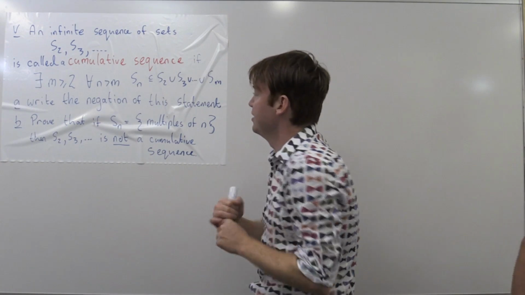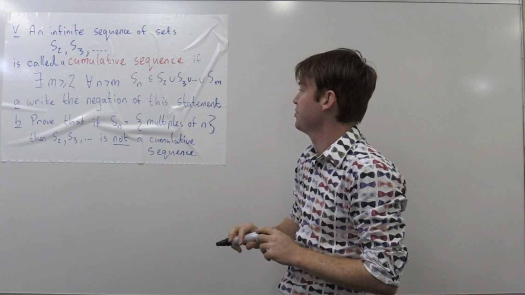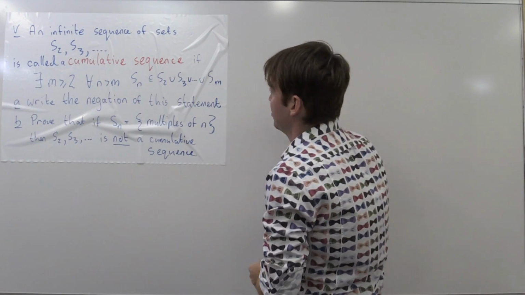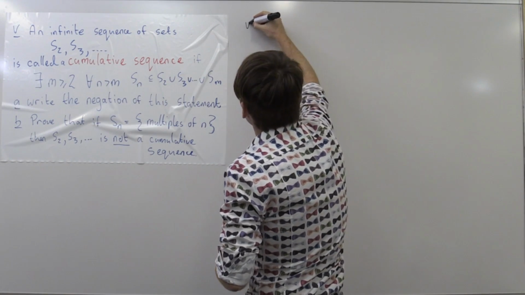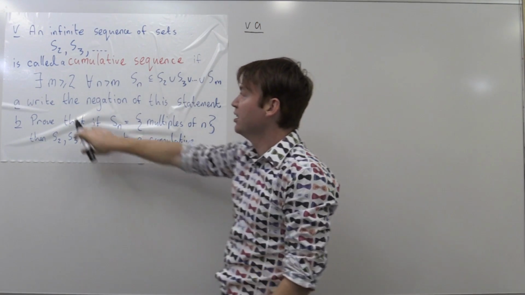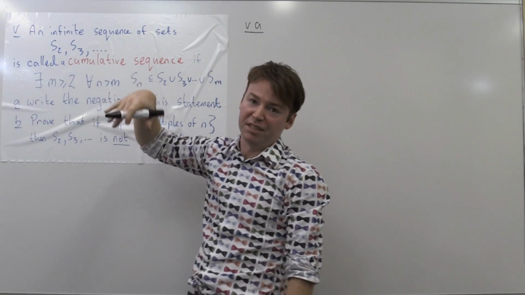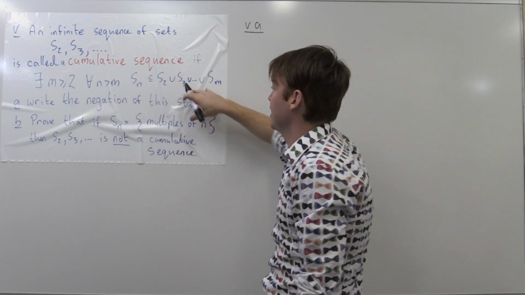So here we have the definition of cumulative sequence. The first part is really just to write the negation of this statement, which is fairly straightforward. For question B, part A, write down the negation of this statement. All the exists flip to for alls, and all the alls flip to exists, and then you have to negate this statement here.